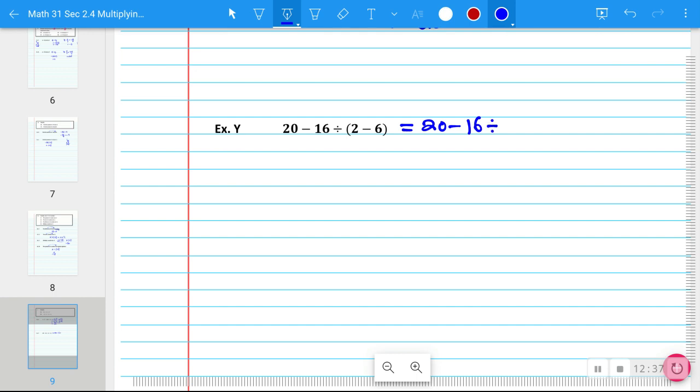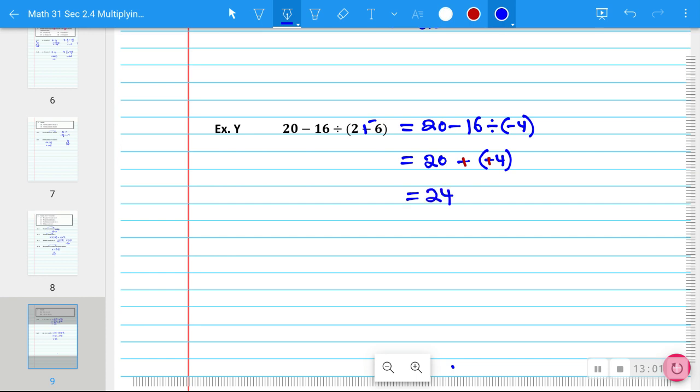Okay, 2 take away 6 is -4. Division happens next. And 16 divided by -4 is -4. Change the subtraction to adding the opposite, and our final answer here will be 24.